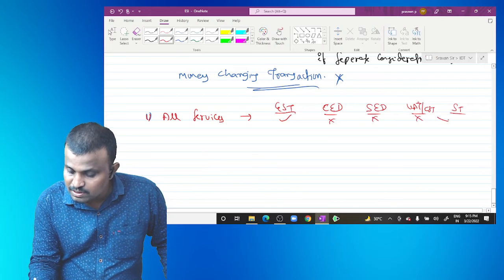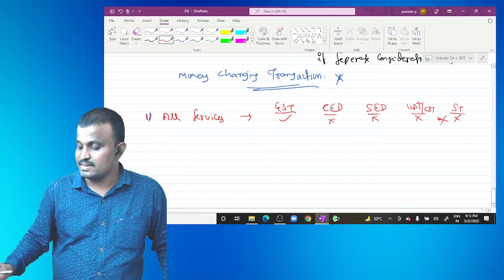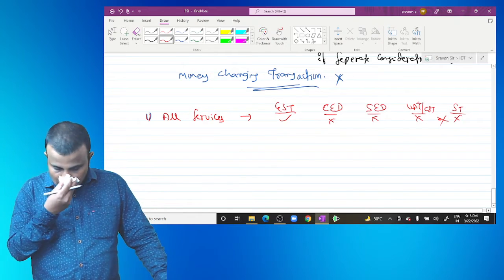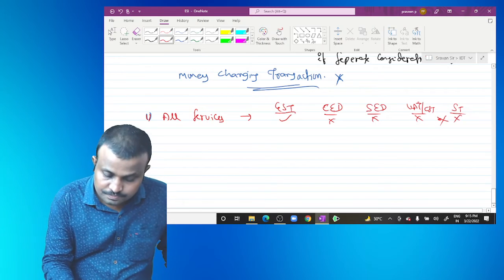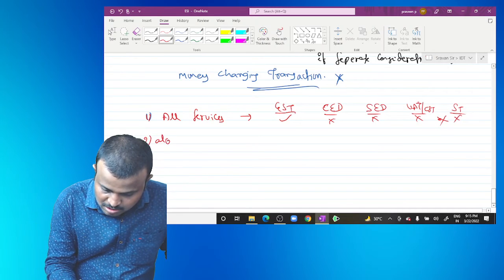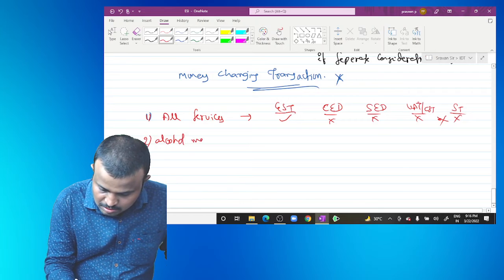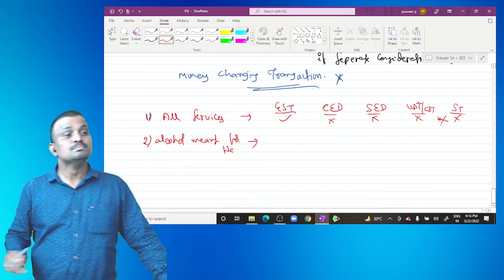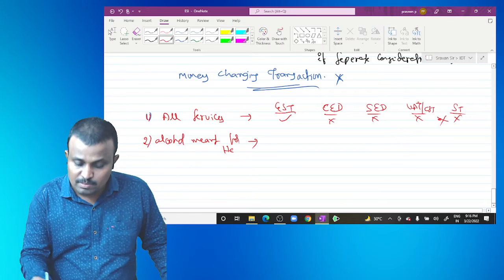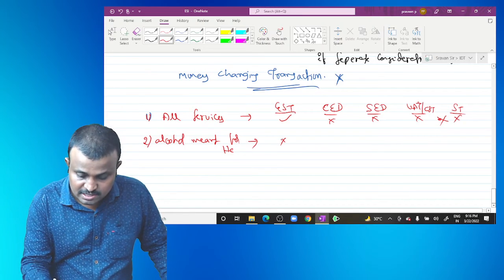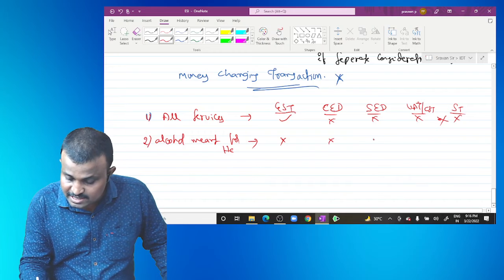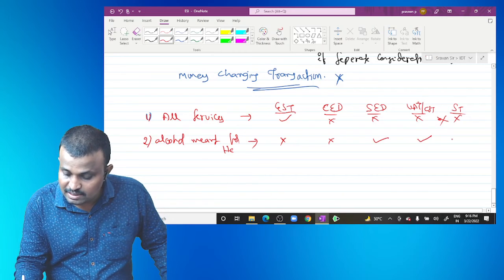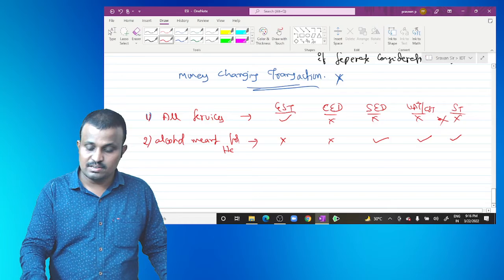Next, alcohol meant for human consumption is not covered under GST. That is covered under state excise duty, VAT, and service tax if any.